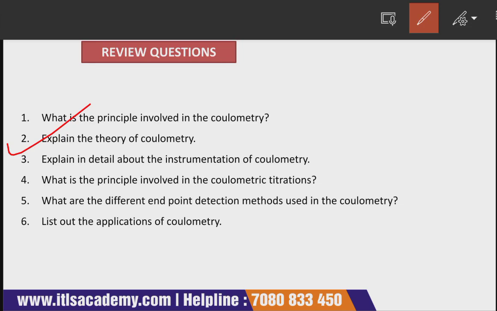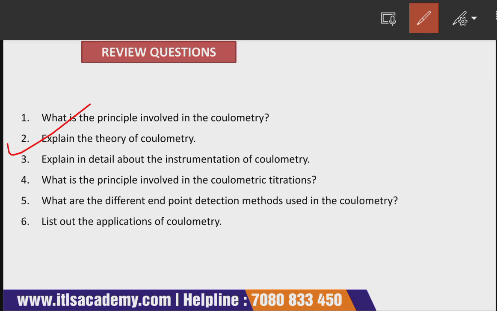Now comes the third question, that is, explain in detail about the instrumentation of colorimetry. We have already discussed the instrumentation part, so you can go and prepare the notes on the details of the instrumentation that is involved in colorimetry.